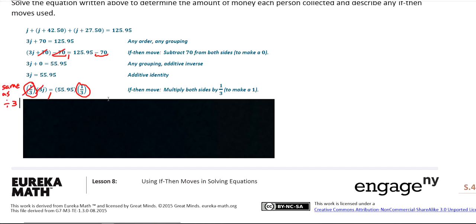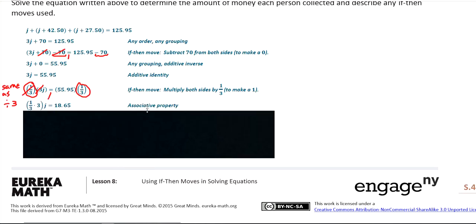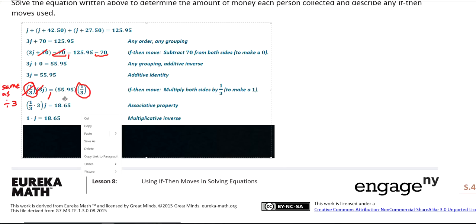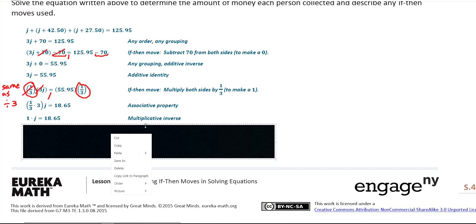So all we're left with on that side is 1J, 1 times J. So really they're just showing you what they're multiplying here. And on the other side, $55.95 times 1/3 gives us $18.65.